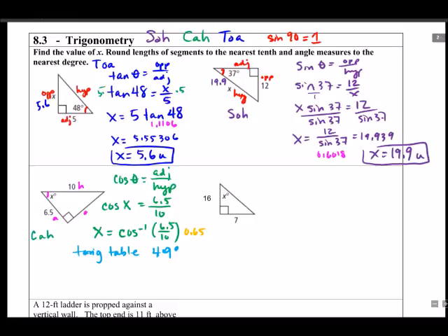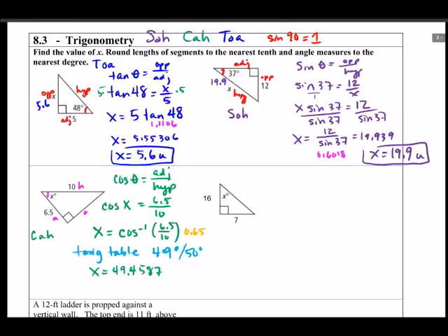If we do it in our calculator, we get x equals 49.4587. That's about 49 or 50 degrees. Would round up to 50. If you look on your trig table, it's somewhere between 49 and 50 degrees.